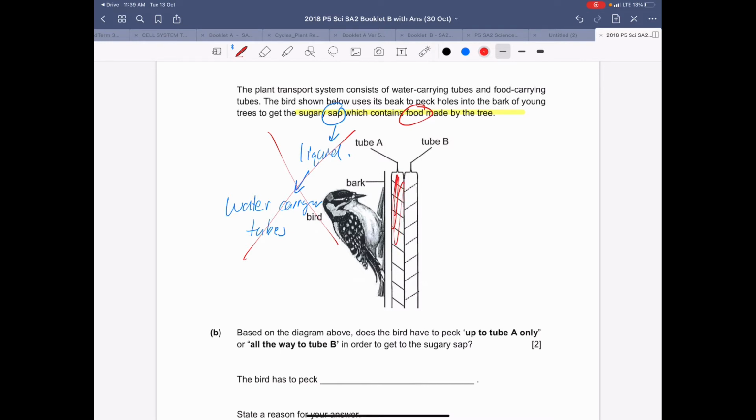Explain your answer. Now, you need to tell me that it's only until A because A is the food carrying tubes, where the sap can be found.